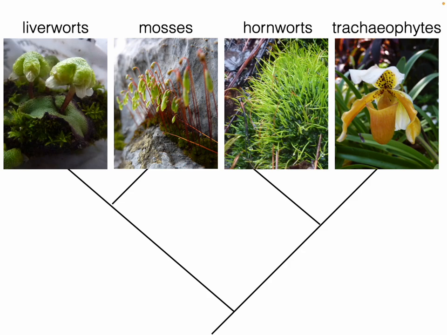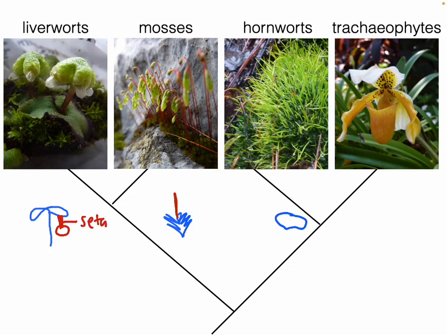Why? The liverwort and mosses are closer together because, if you remember, this is the liverwort gametophyte. For moss, this is their gametophyte. The sporophyte of liverwort looks like this. They have seta, the stalk.